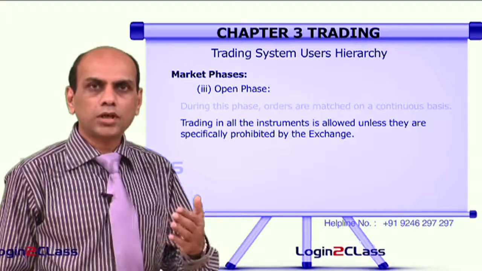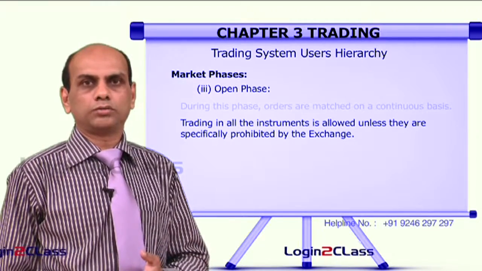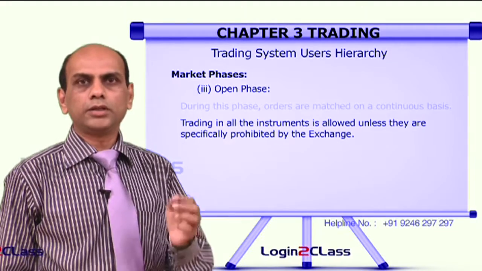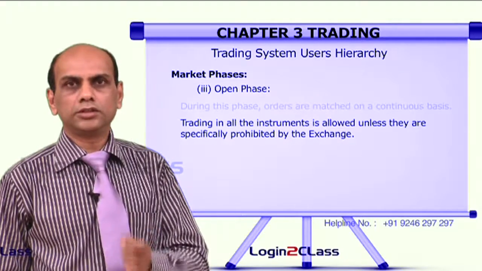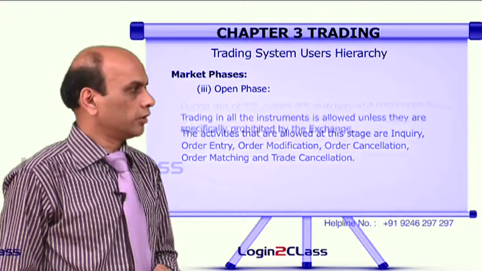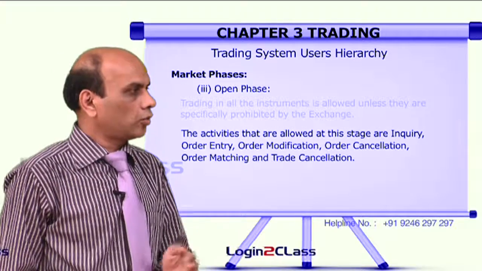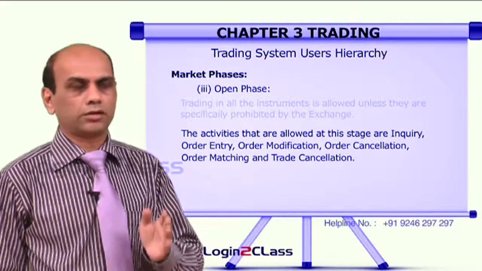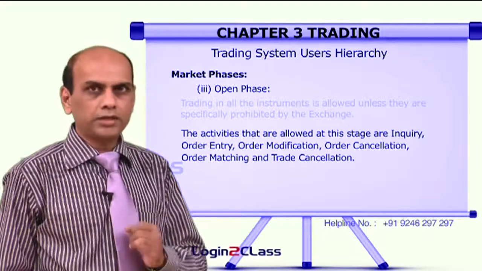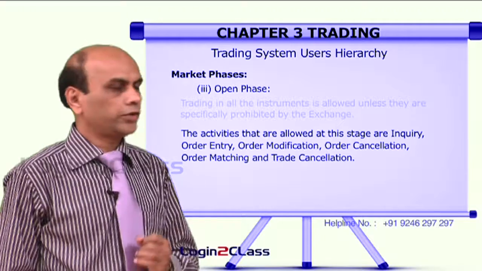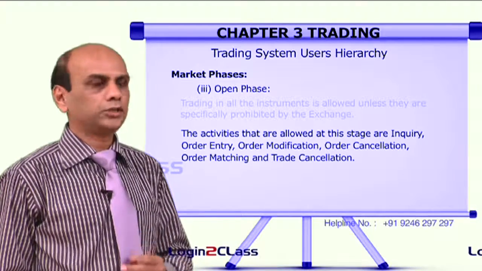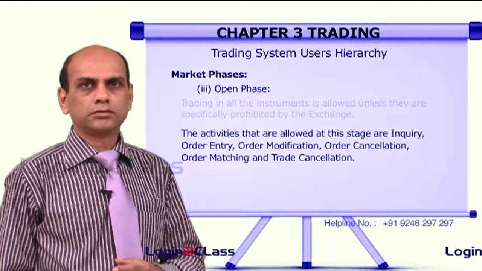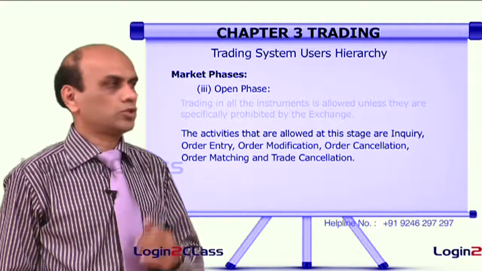If any securities are prohibited from trading, they cannot be transacted during this open phase in the exchange. The activities that are allowed at this stage are inquiry, order entry, order modification, order cancellation, order matching, and trade cancellation.